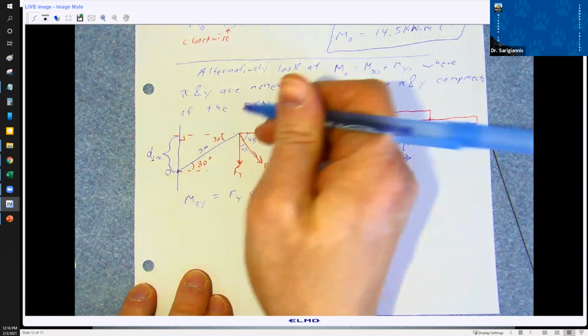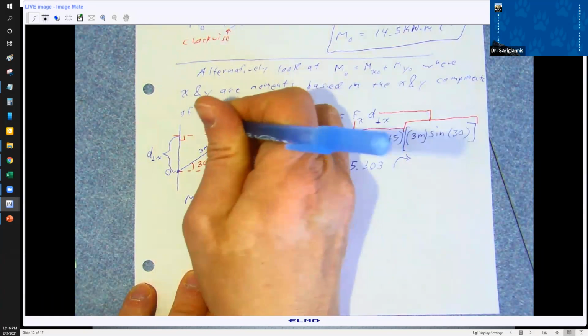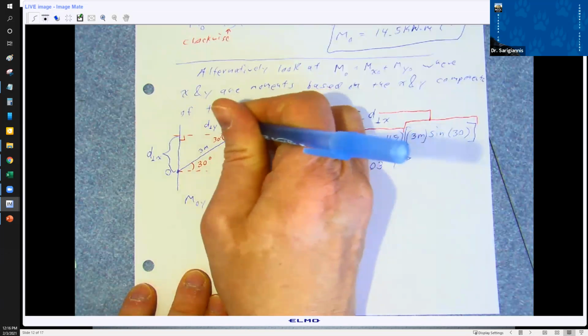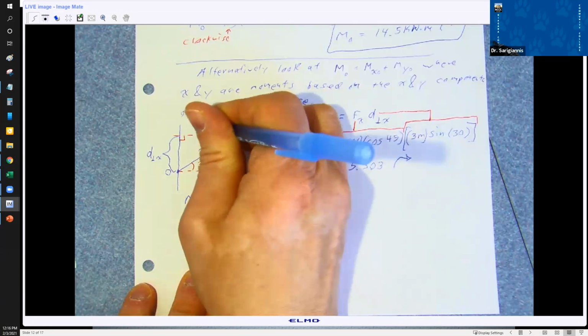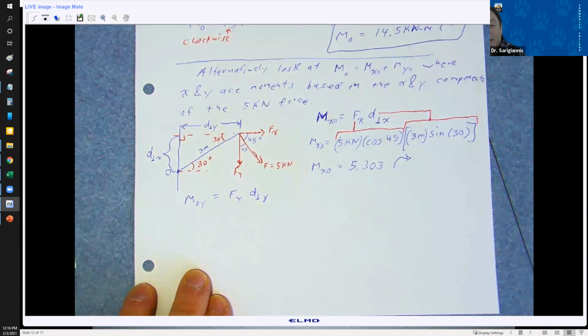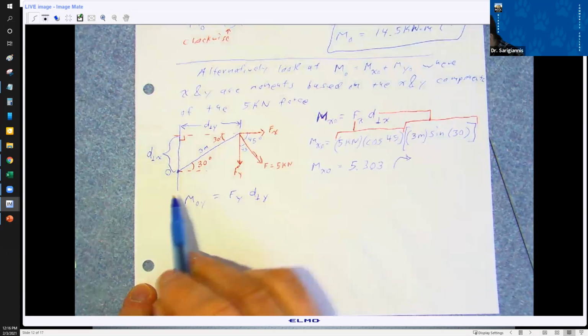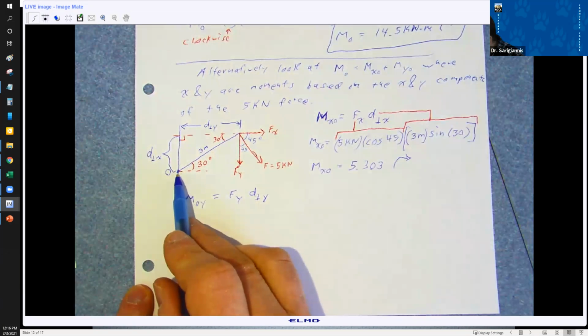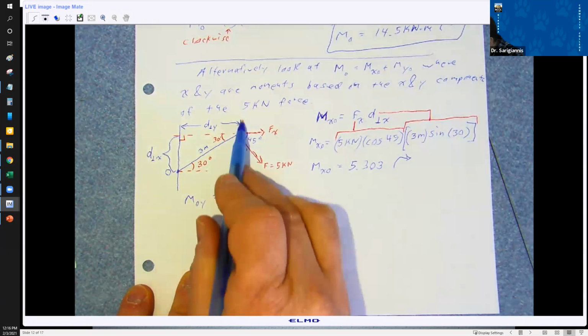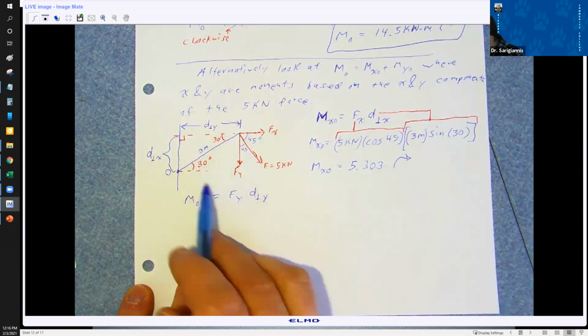Let me just draw. I have a little more room. That's my perpendicular distance from the point that we're interested in the moment about to the line of action of the y force.